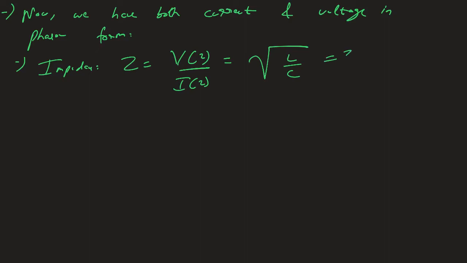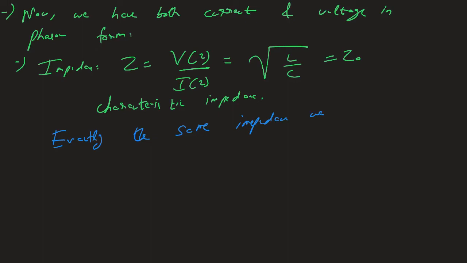Which is equal to Z naught, which is the characteristic impedance, and this is exactly the same impedance we derived before.